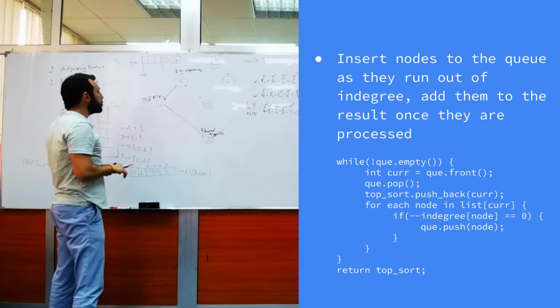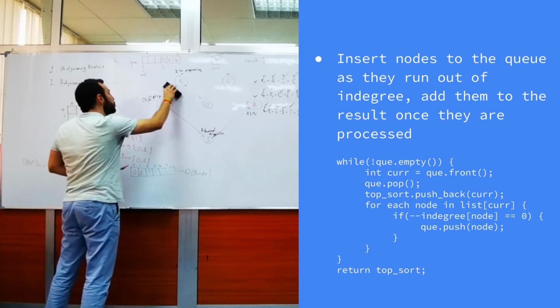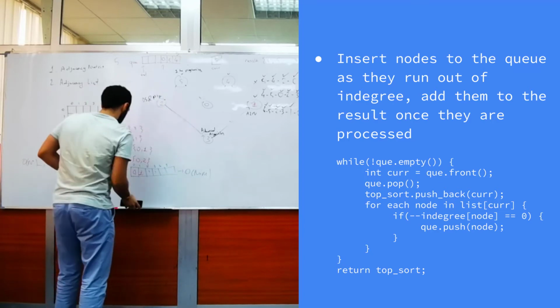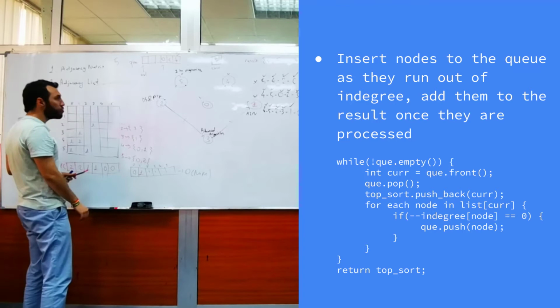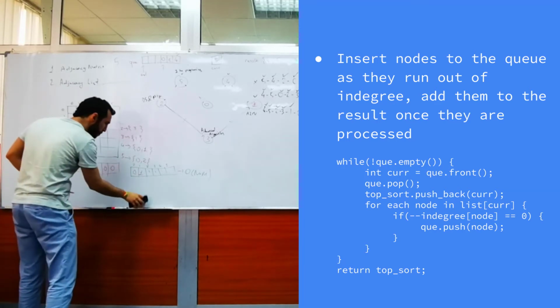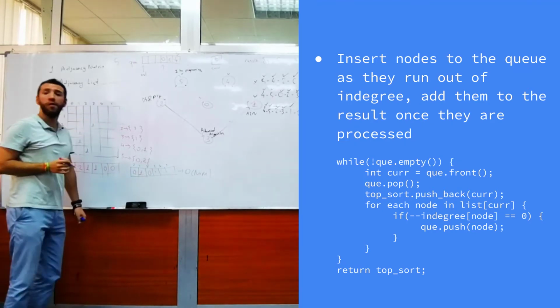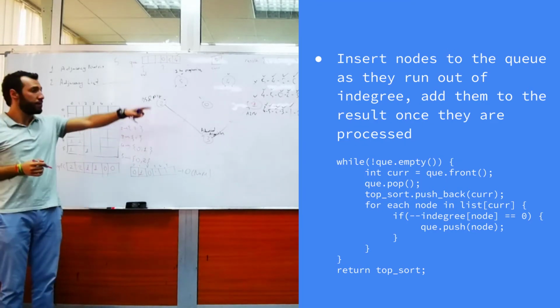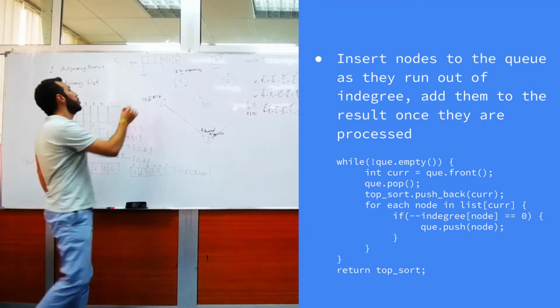And I will do the same thing for this edge. Once this edge is removed, the incoming edge count for 2 is decreased by 1, and now I have another new 0. When I see a new 0, I insert that node into the queue.